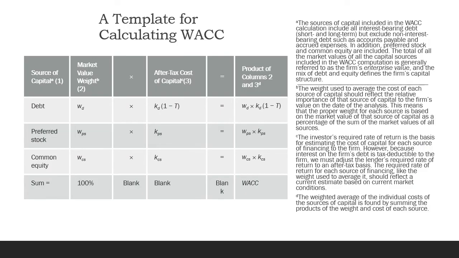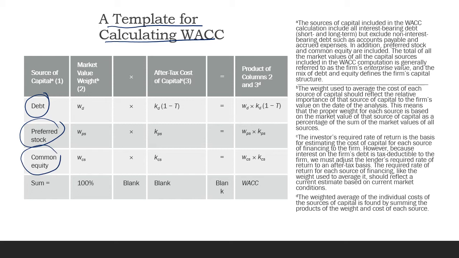So basically, this is a template for calculating the WACC. It's a more organized way of looking at the previous formula. Here, as you can see, there's a component of debt, the bond, preferred stock, and common equity.